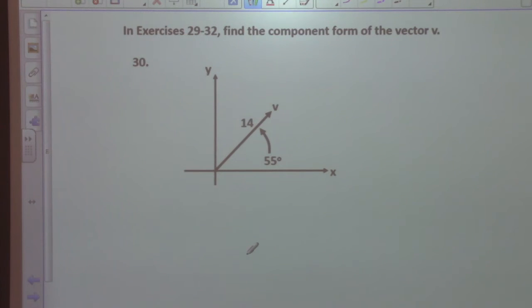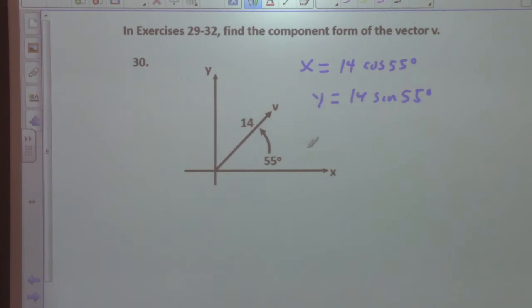Okay, Justin, how did you do this one? So x is 14 cosine 55 degrees, and y is 14 sine 55 degrees.